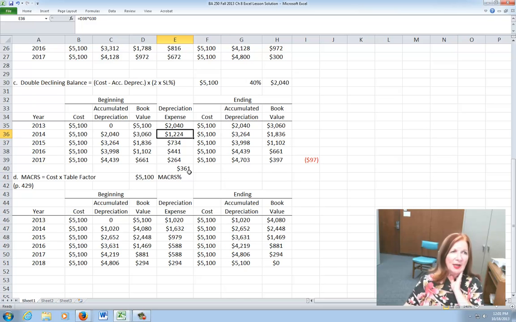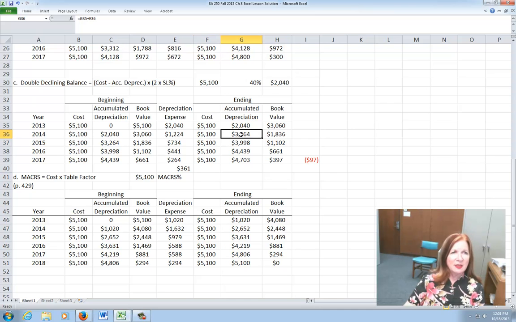Now, this formula is D36, the cell right beside me, times the G30, the constant 40% that I'm going to be depreciating. So book value times 40% gives me the new depreciation expense. I put in the cost, which remains constant.